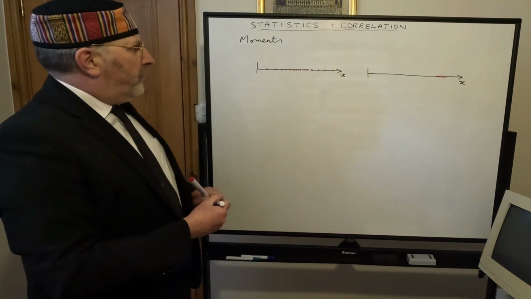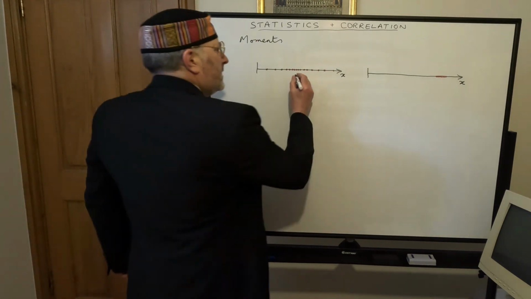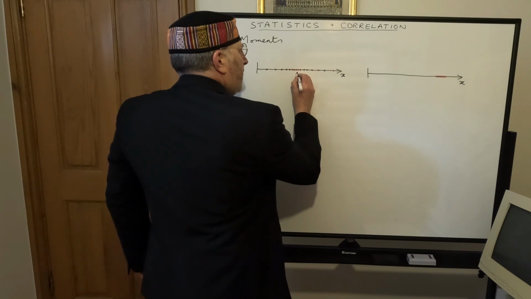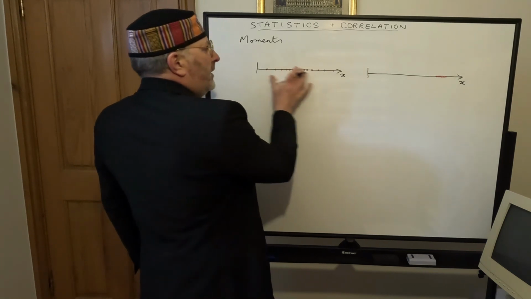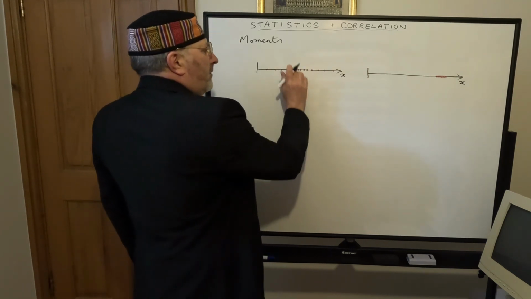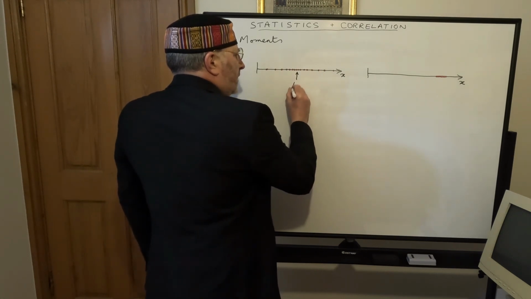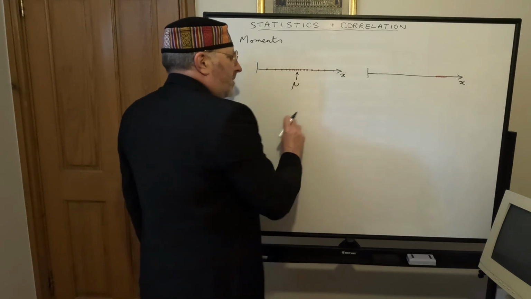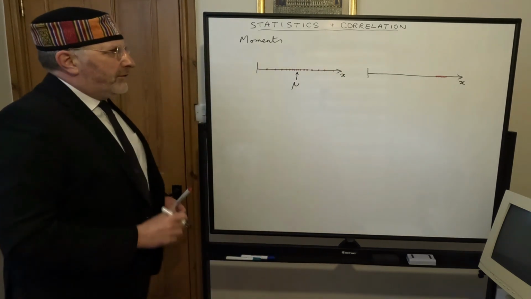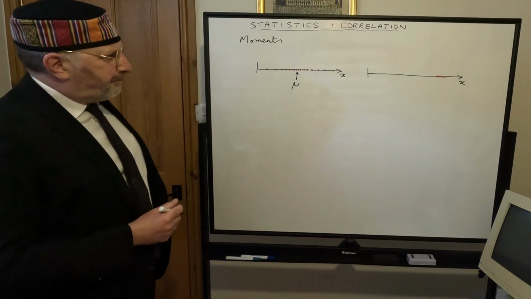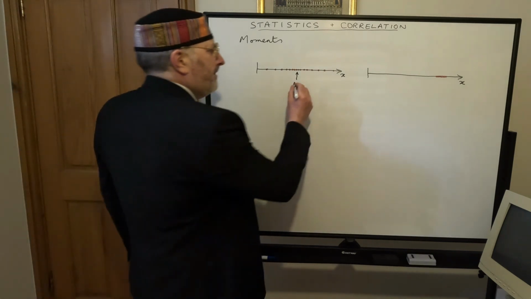And the first thing we would notice is that they've got different averages. This one seems to fluctuate around somewhere around here. That's the mean, for which we can use the symbol mu, the Greek letter mu, Greek letter m. The mean.